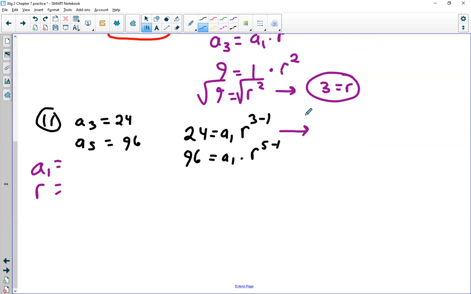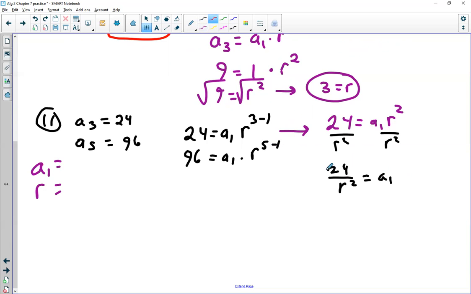Okay, so 24 equals A1 R to the 3 minus 1. I'm going to rewrite this a little bit: 24 equals A1 R to the second power. I want to get A1 by itself, so I'm going to divide both sides by R squared. So 24 over R squared equals A1. Now, why is that useful?